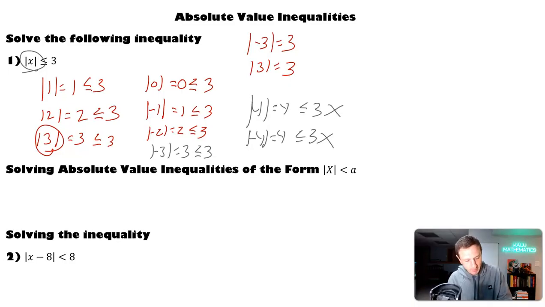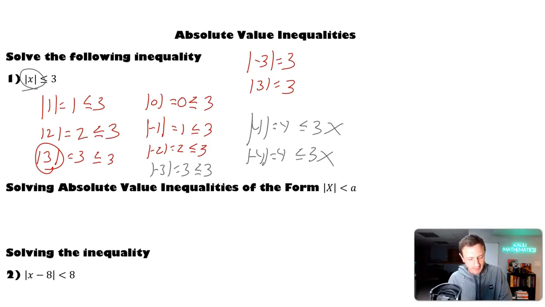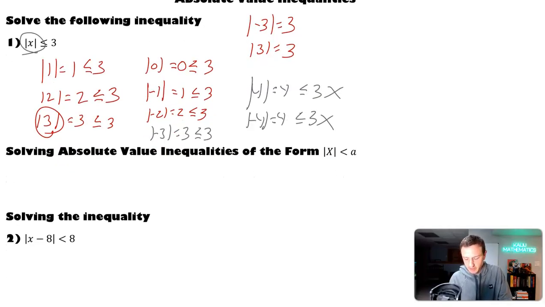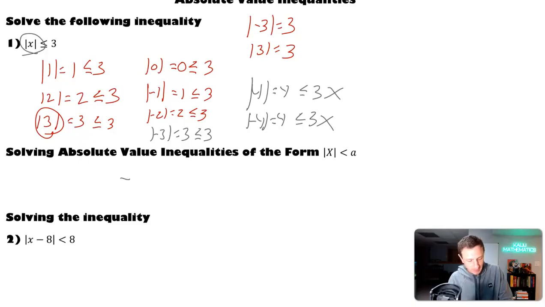I'll come back to the actual solution for number 1 in a minute, but whenever we are looking at the form of the absolute value of x is less than a, we take the negative of a and put x between negative a and a. So x is going to be between those two values, forming a compound inequality.